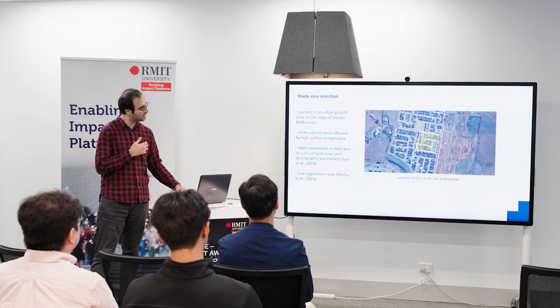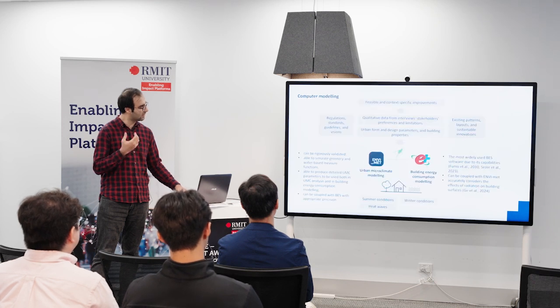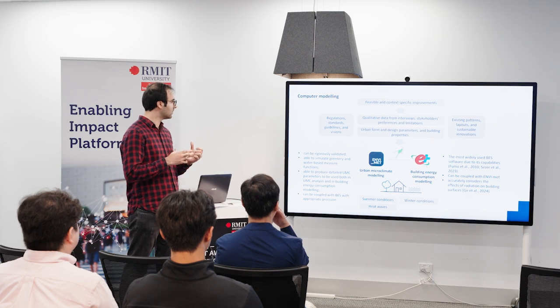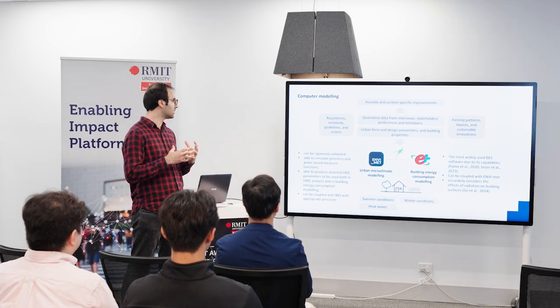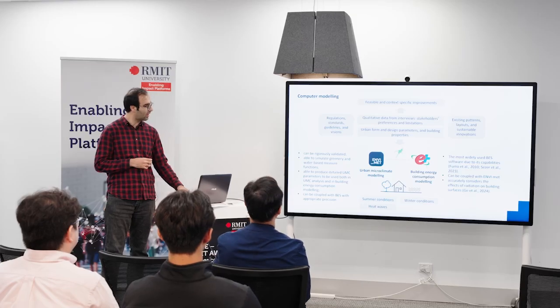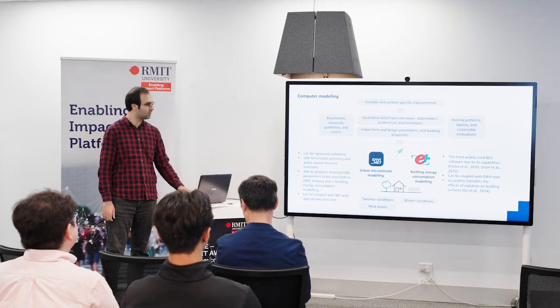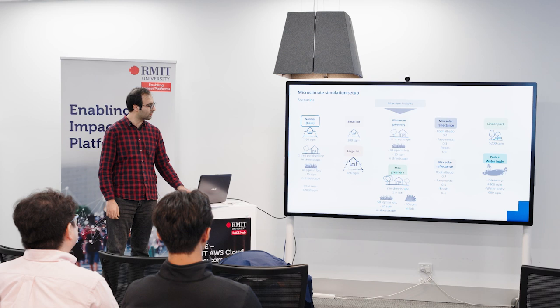So a site in the western part of the city is selected, and this is a summary of my computer modeling for the outdoors. The study uses ENVI-met, and for the energy consumption, EnergyPlus, which will be coupled to each other.